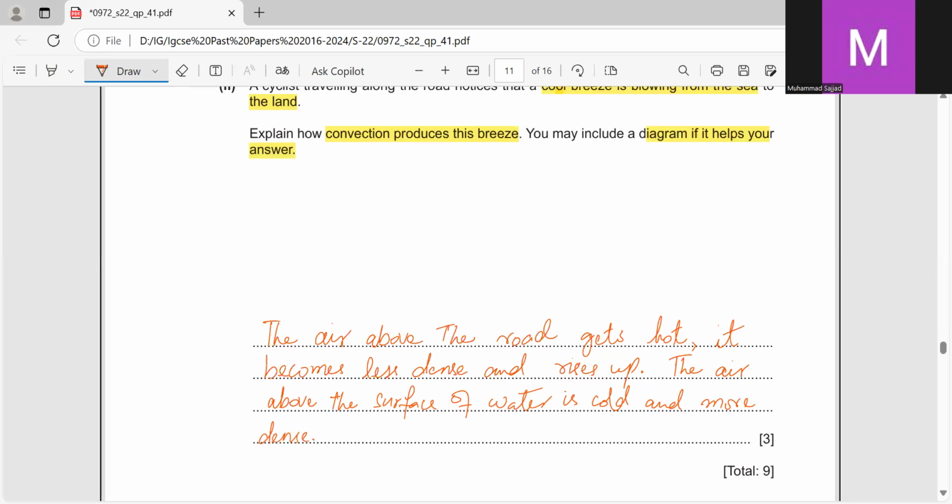This dense air or this cool air flows from sea to the road. Like this, you can say, and you will score the 3 marks.